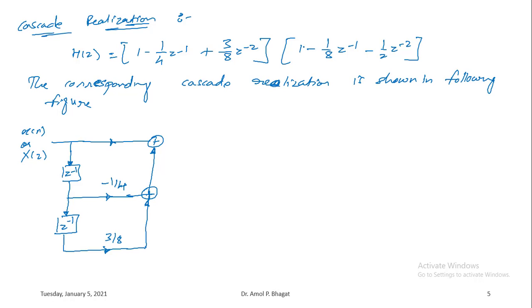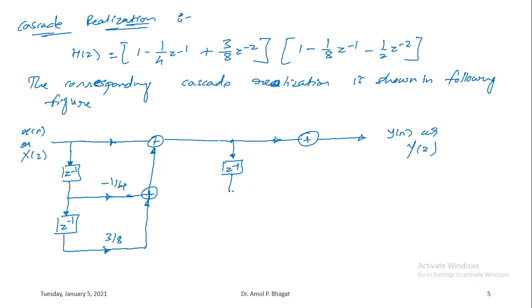Then in cascade you will be connecting it with another system, right? So again here you will need a delay element, this one will be indicated here, and this will be added here. The output will be y of n or y of z.